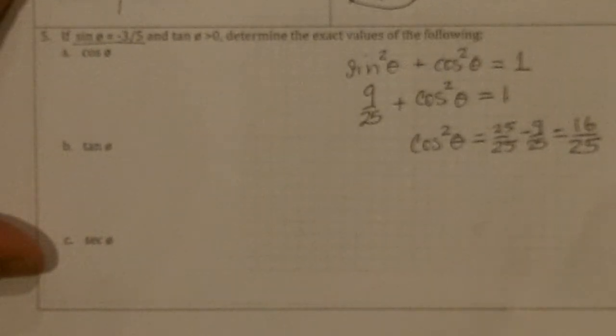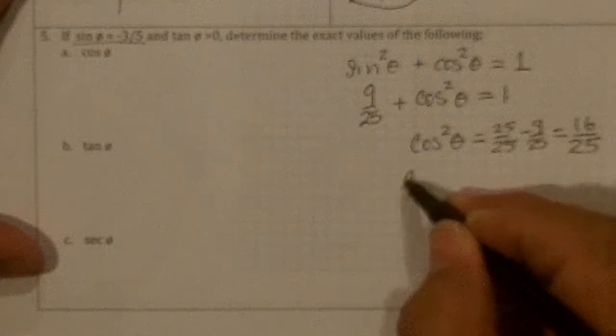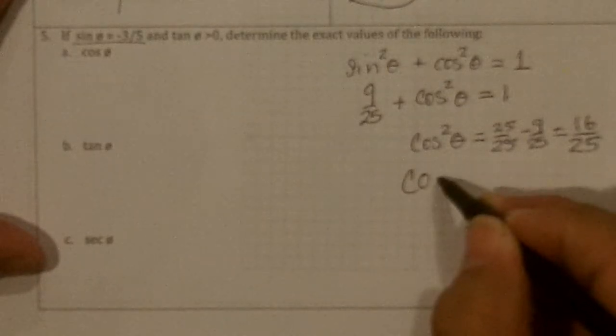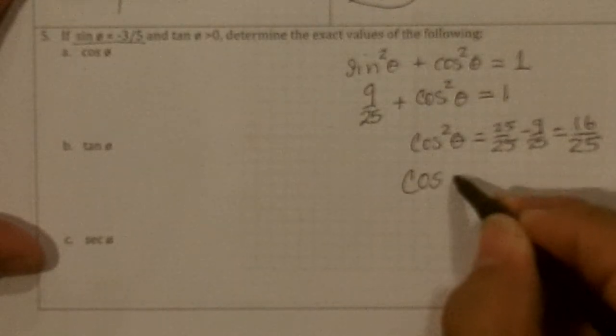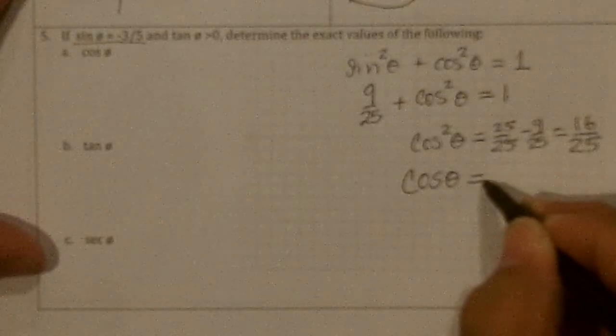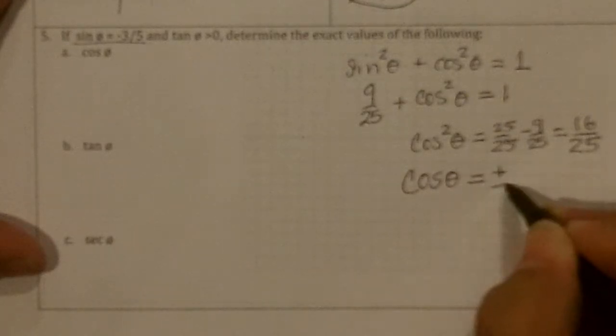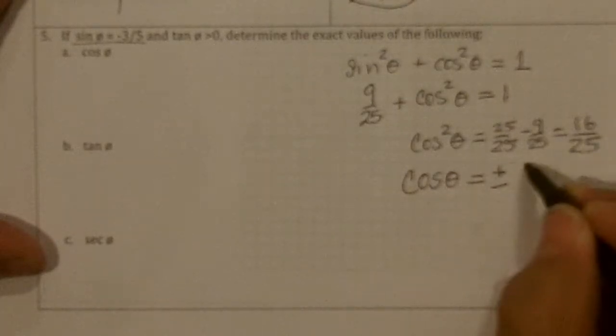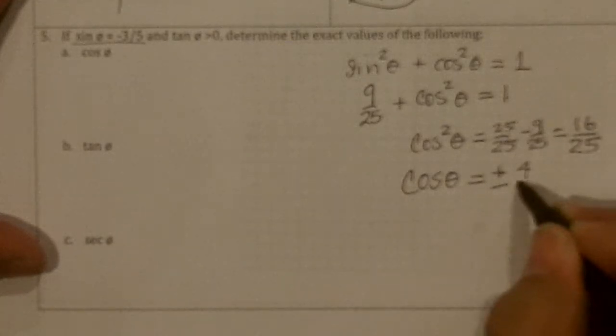Then you take the square root. Some of you said, I don't care whether it's plus or minus, I'm just going to use the plus or the minus or whatever. You take the square root of both sides and you get the cosine of the angle is either the plus or the minus. The square root of 16 is 4. The square root of 25 is 5.